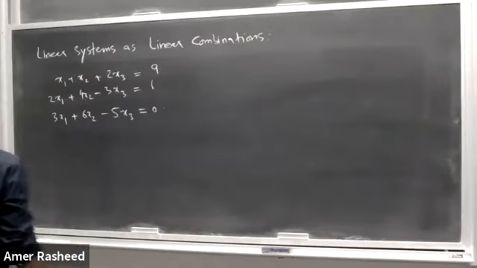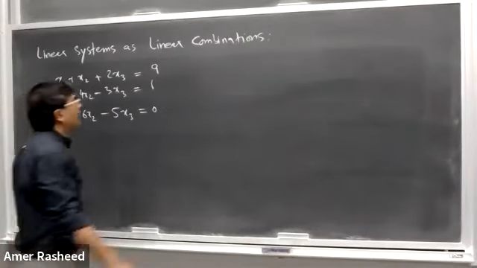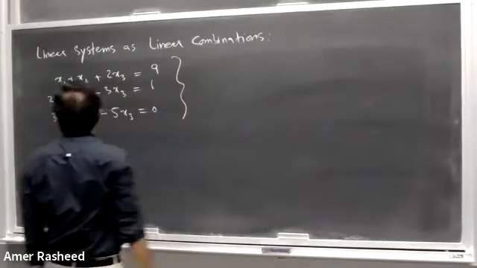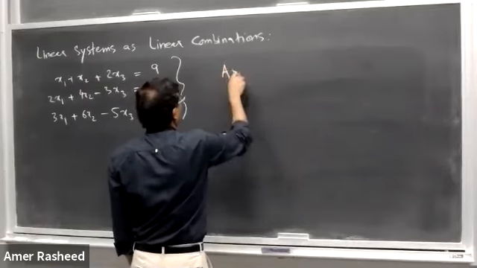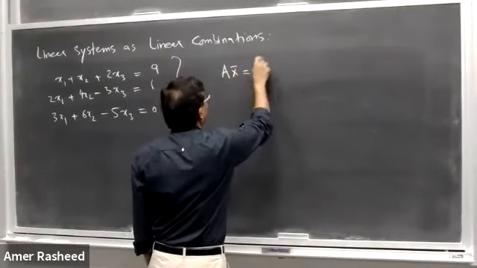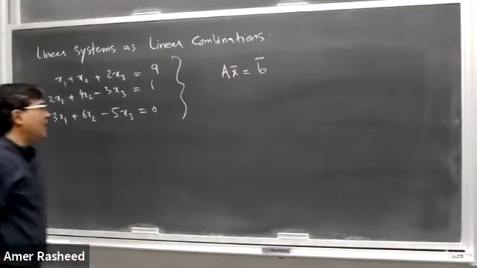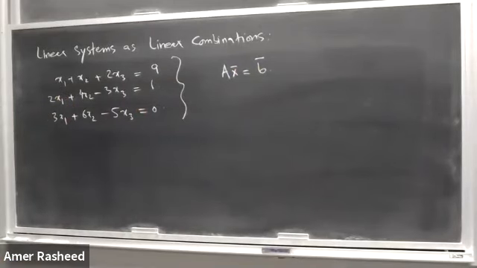So this is the given linear system. Earlier, we have written this linear system in the matrix form. So we can write this as AX is equal to B. I hope you know how to write it. But now we are going to write it in a different way.